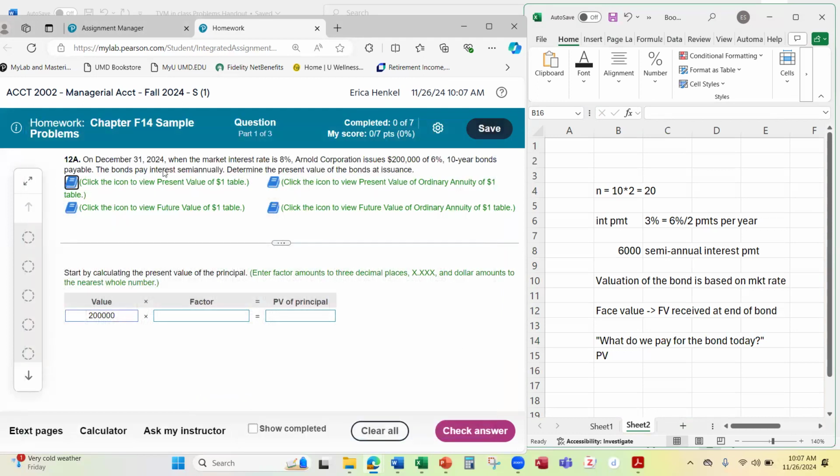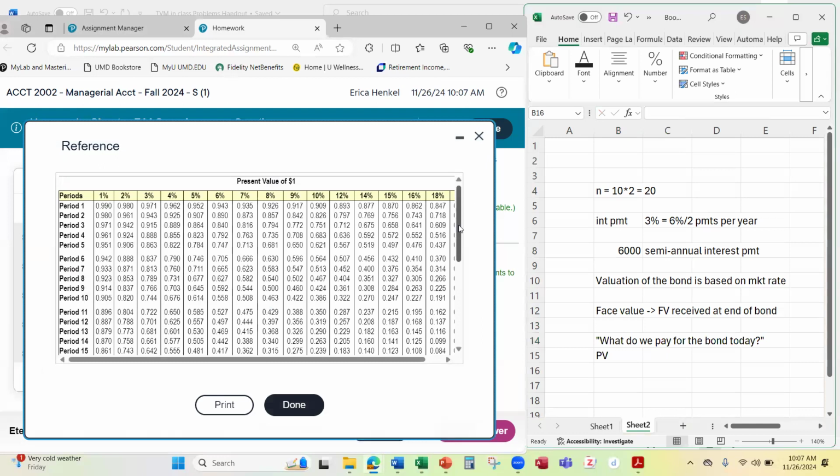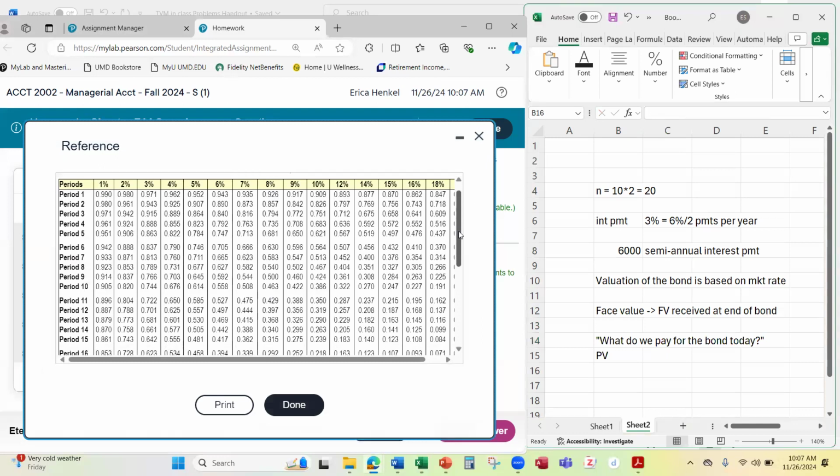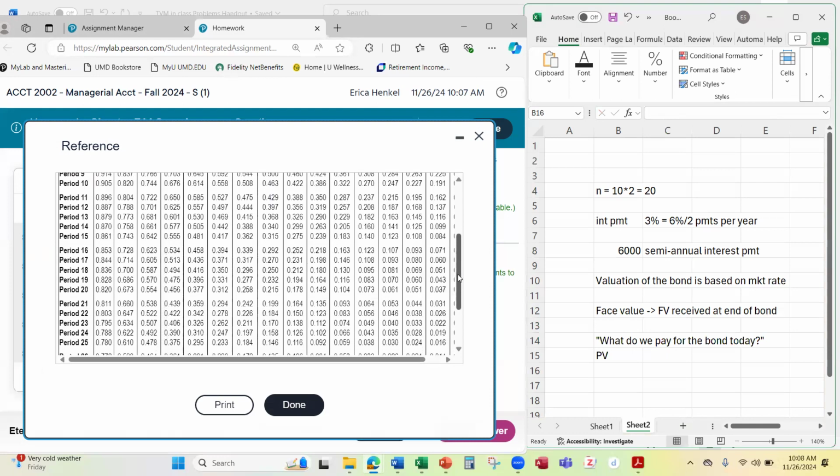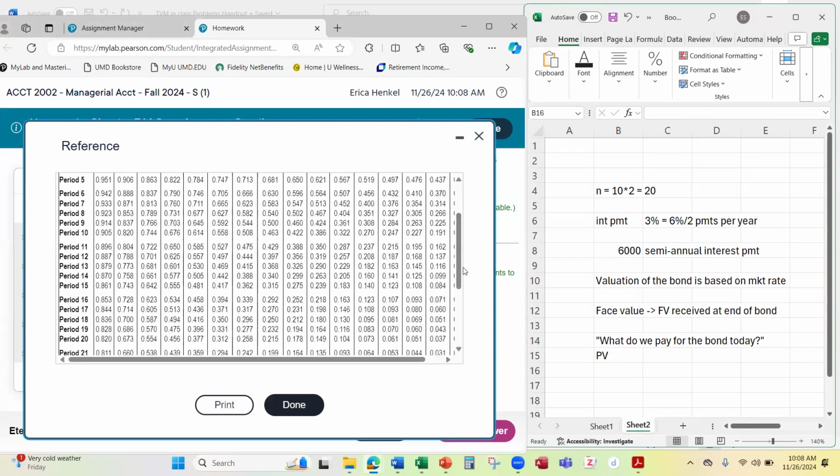It is 8%. And because they get paid twice a year, we're considering 4%. So 8% divided by 2 is 4%.